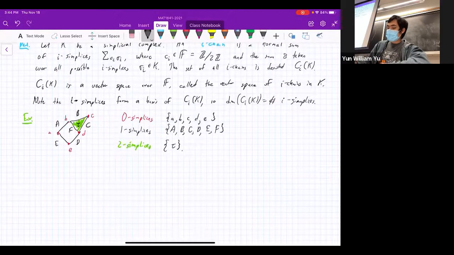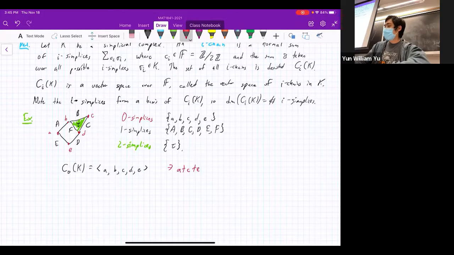Okay, so what are these vector spaces? Well, the vector space C0 of K is going to be the vector space generated by the elements A, B, C, D, E. So for example, maybe something like A plus C plus E. And C1 of K is going to be the vector space generated by all the edges, summed together.